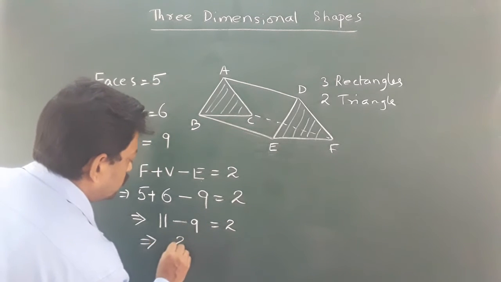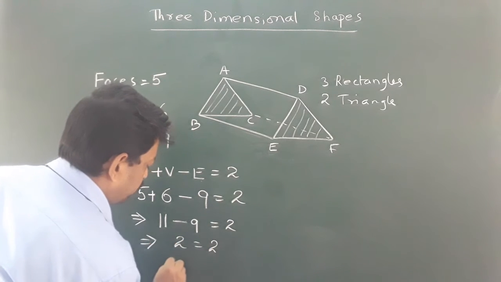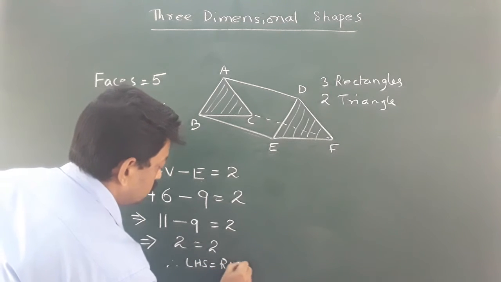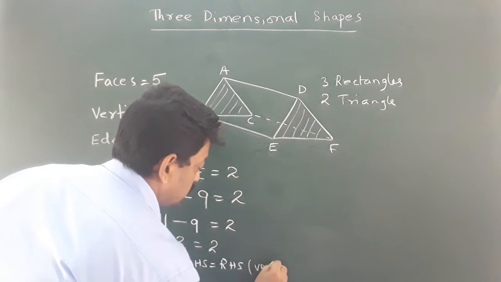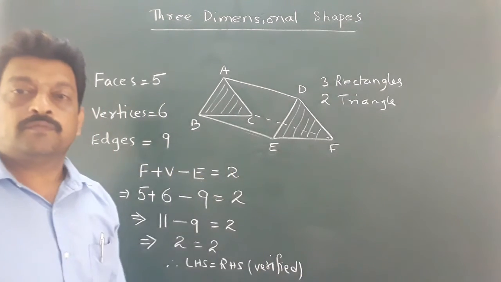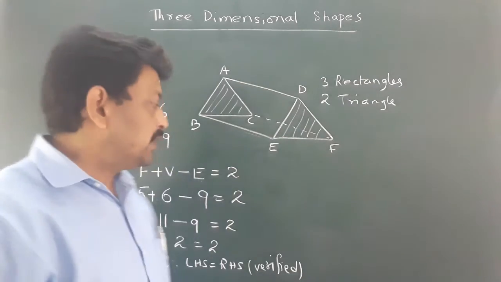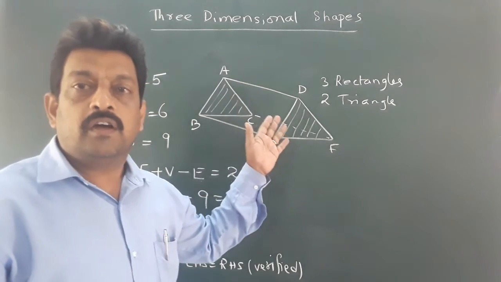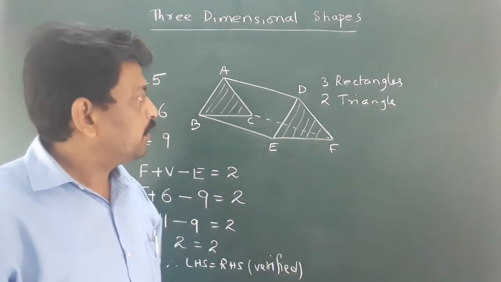That is 2 equals 2. Therefore we can say LHS is equal to RHS. Verified. Understood? So in this way we can verify Euler's formula in case of a triangular prism.